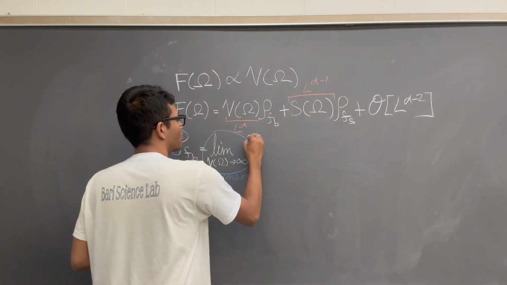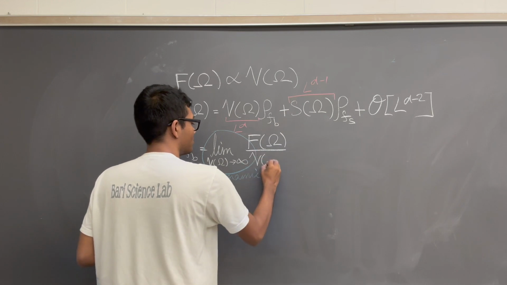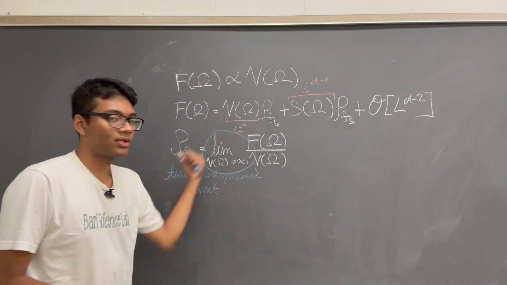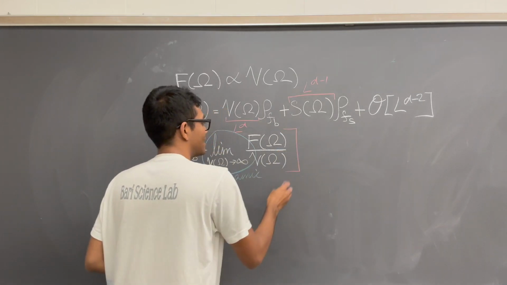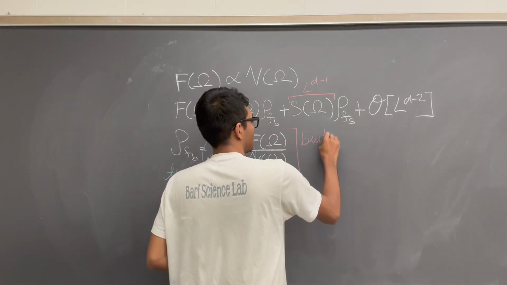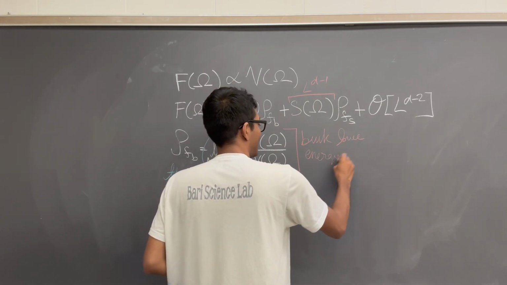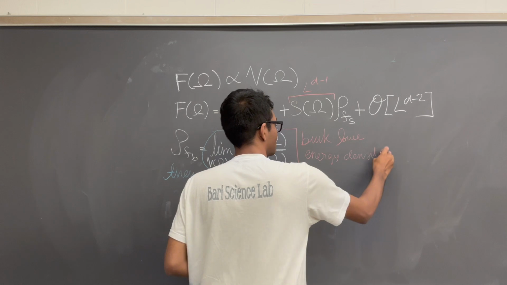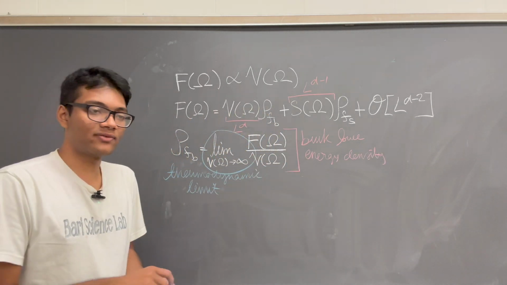We're going to take the total free energy of our system and divide it by the volume of our system. So this right here is the definition of the bulk free energy density. It's simply the total free energy of our system divided by the volume of our system as the volume approaches infinity.